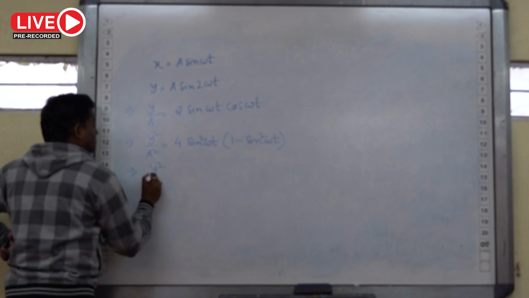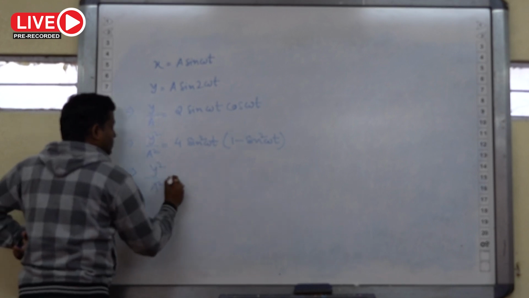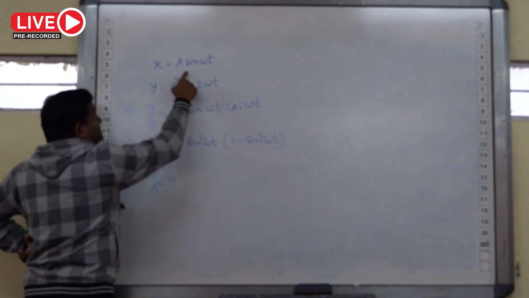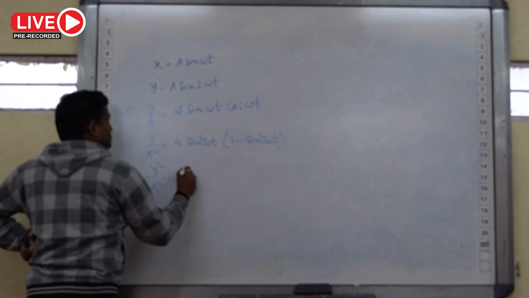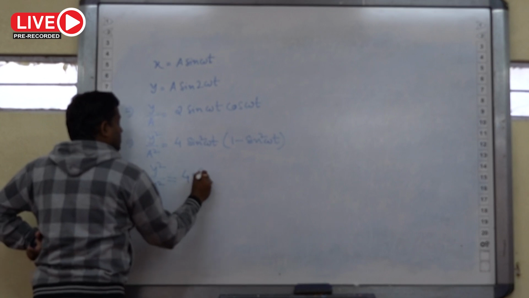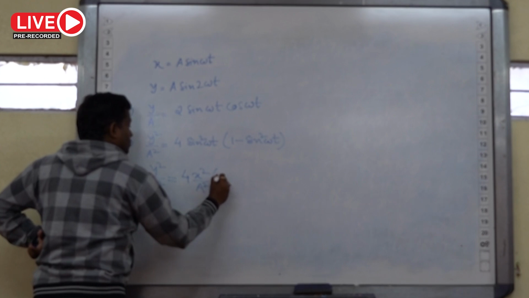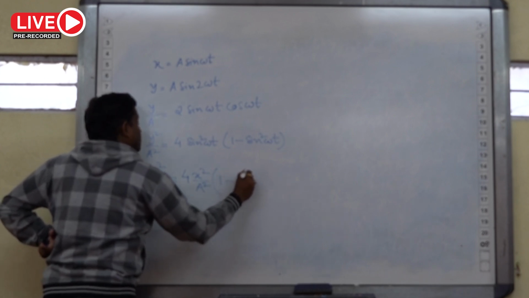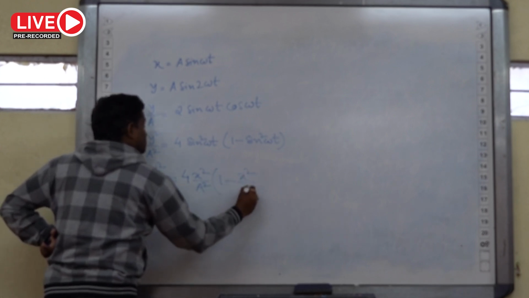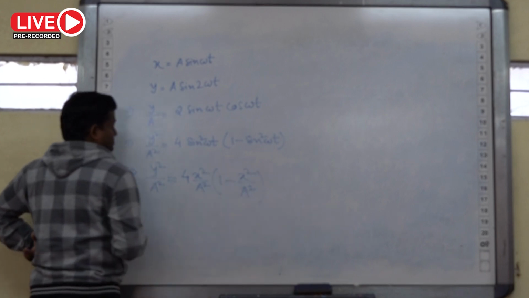Then y square by A square equal to, since sin omega t is x by A, 4 x square by A square into 1 minus x square by A square.